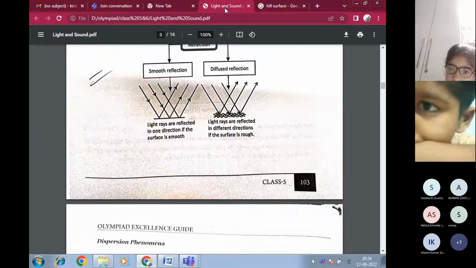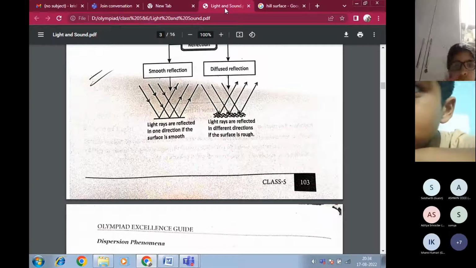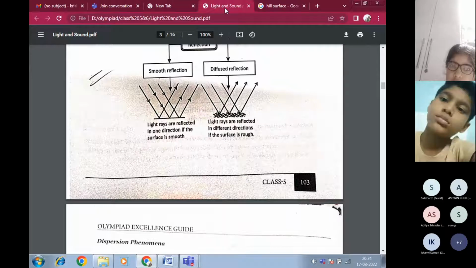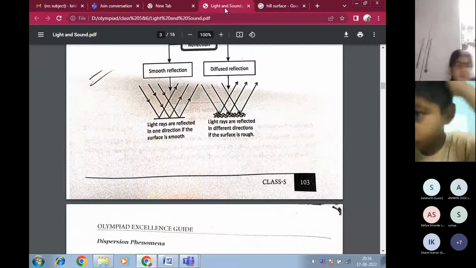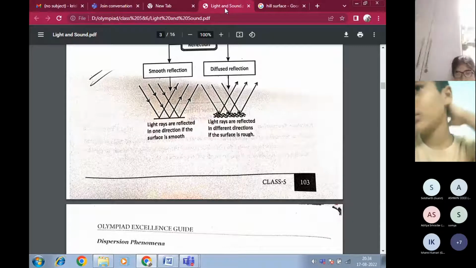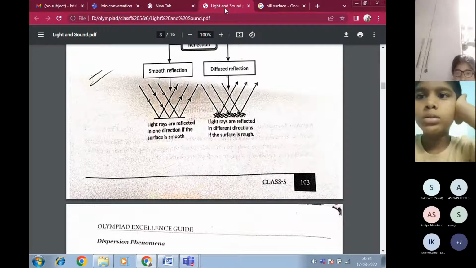Like for example, think about making your remote control car go on a smooth surface, and think about how the car will go when it goes on a rocky area or an uneven surface. That is the difference between a smooth surface and an uneven surface. When it goes on an uneven surface, the speed will get reduced.